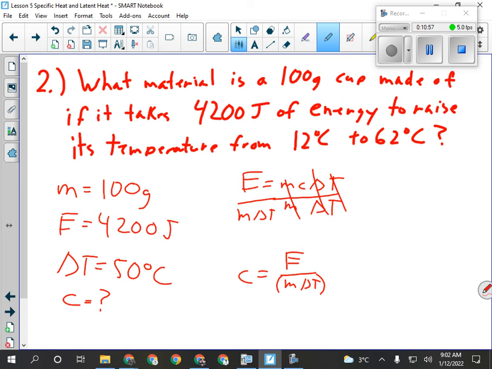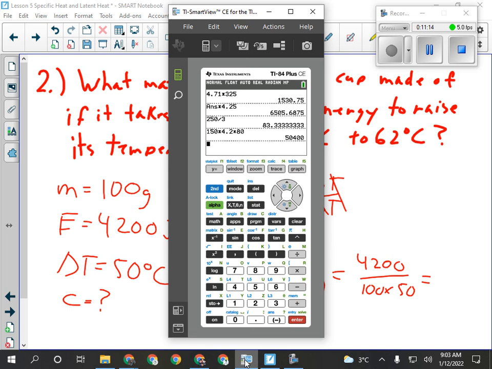Don't write it in left to right, or it'll do it from left to right and give you a different answer. So we've got 4,200 joules on the top divided by 100 grams times 50. So if I go to 4,200 and divide by 100 times 50.